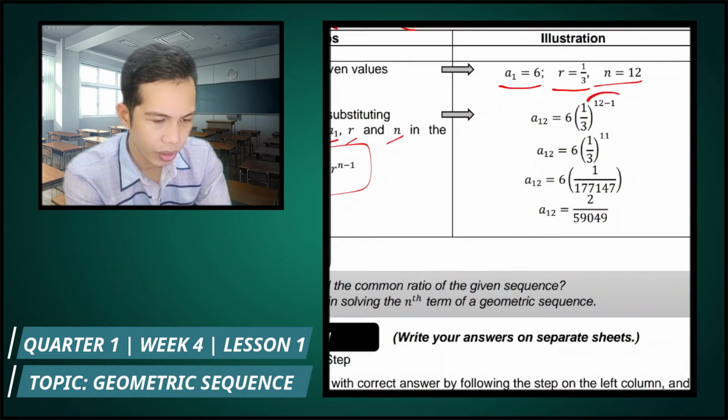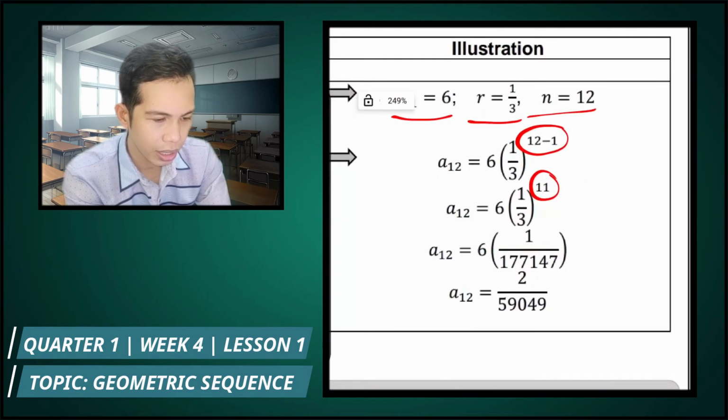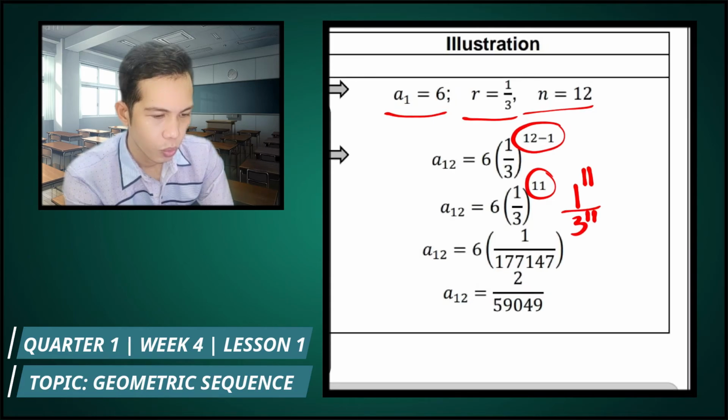Next, simplify. 12 minus 1 is 11. And then distribute the exponent 11 to the numerator and denominator. So this will become 1 raised to 11 over 3 raised to 11. 1 raised to 11 is 1, and 3 raised to 11 is 177,147.